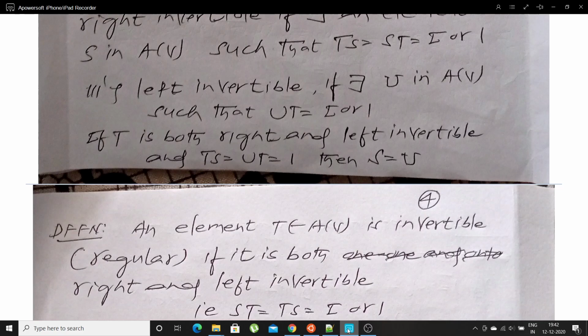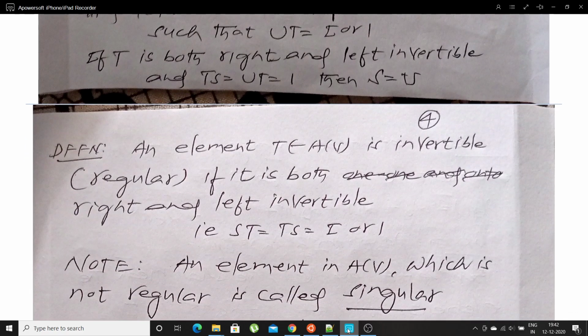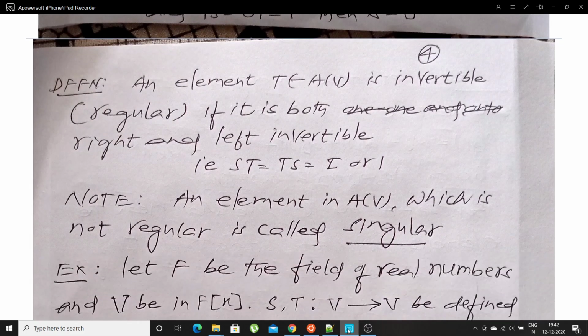Similarly, an element t belongs to A(V) is invertible. We call the invertible as regular if it is both right and left invertible. That is st is equal to ts equal to I or 1. Note an element a in A(V), that is algebra, which is not regular.